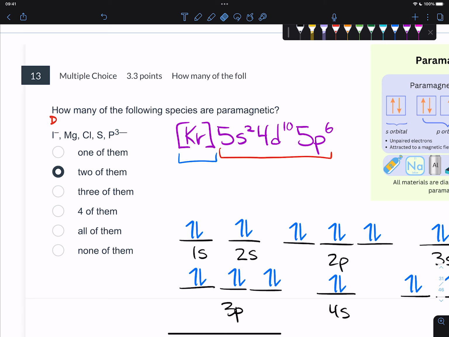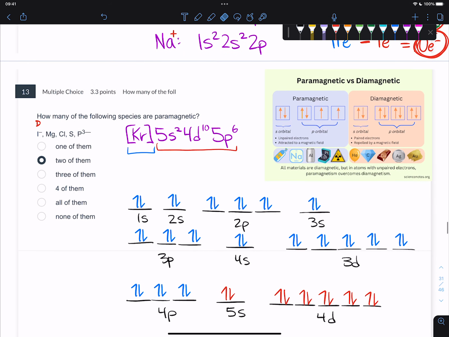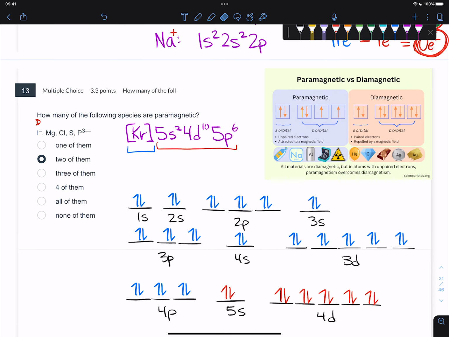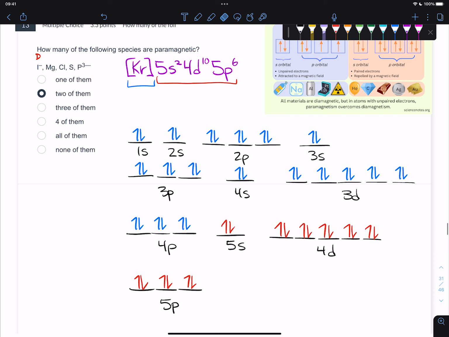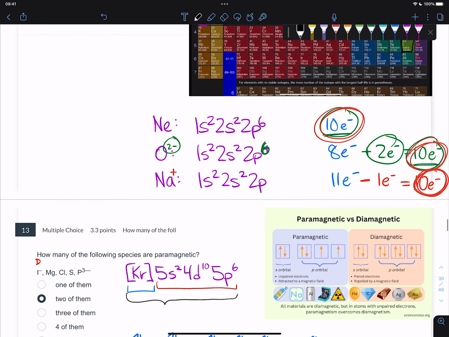And then as a trick, to speed this up for you, if something assumes the electron configuration of a noble gas, then it's considered to be diamagnetic because all the noble gases are diamagnetic. They don't have any unpaired electrons. So this iodide ion assumes the same noble gas configuration, or it is isoelectronic to, where is it?